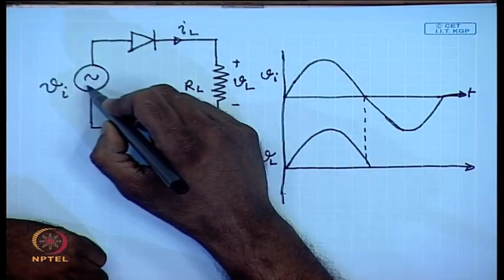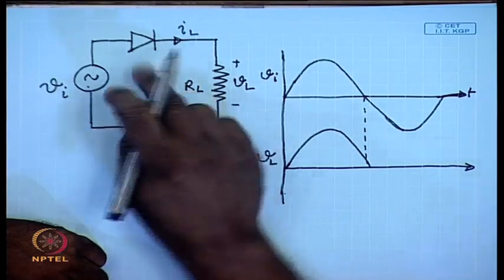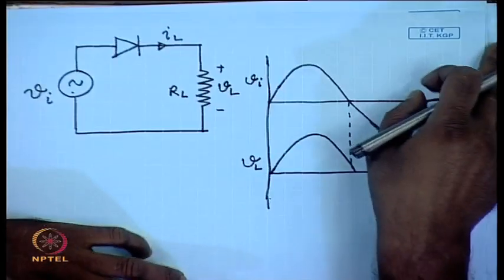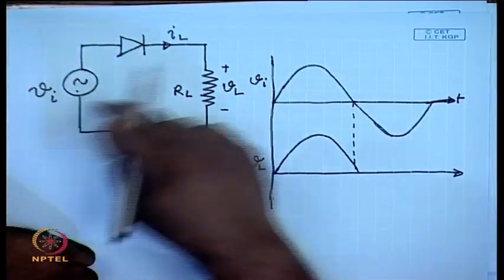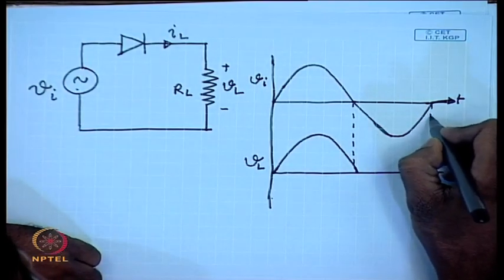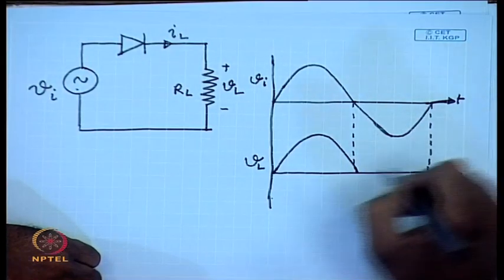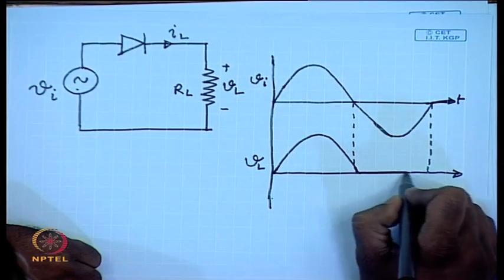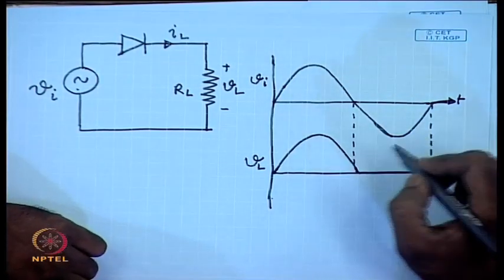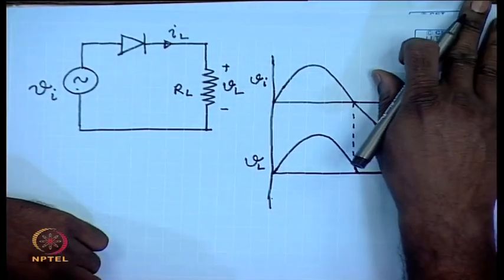When the input voltage is positive, the diode will behave like a closed switch, hence the input voltage will appear across the load, but when the voltage is negative, there will be no voltage. So, this is called a half wave rectifier circuit.